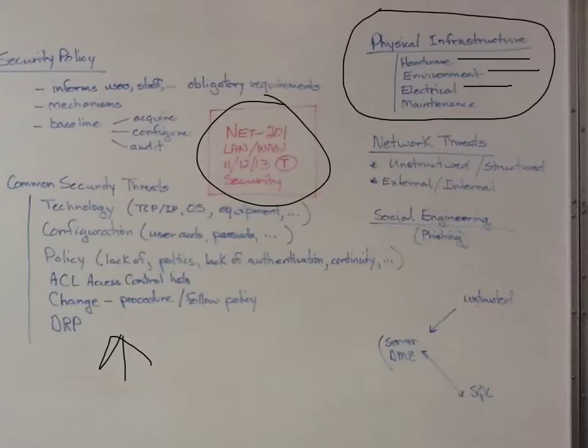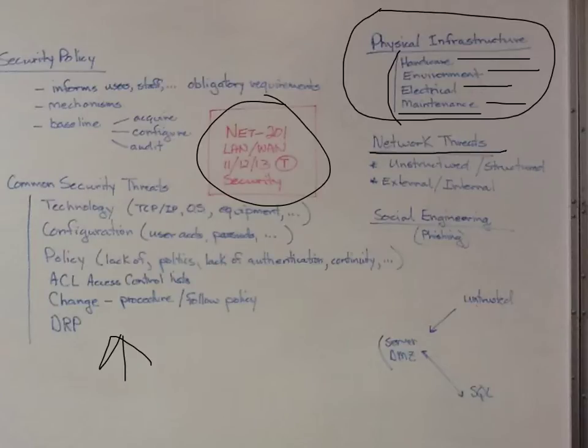We always have electrical issues: too much power, not enough power, loss of power, UPS systems, and so forth. And then all the physical part needs to be maintained, a certain level of maintenance for all that. And where are we at risk when we're maintaining, updating, and so forth? So we have the whole physical infrastructure we have to be concerned about.